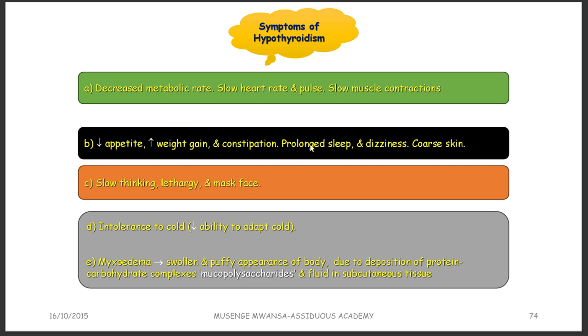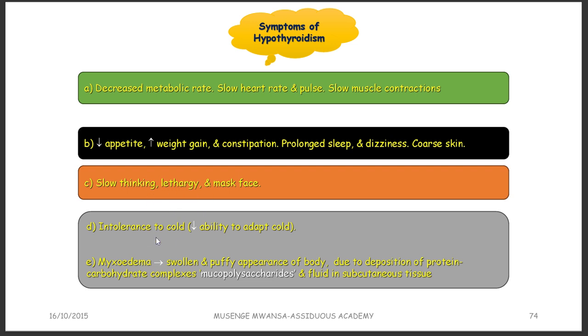There's also going to be constipation, prolonged sleep, dizziness, coarse skin, slow thinking, lethargy. Lethargy is where someone looks just weak, they can't do anything really. Mask face, intolerance to cold. Remember, the thyroid hormone is important in the generation of heat.